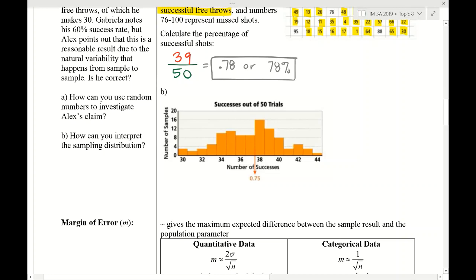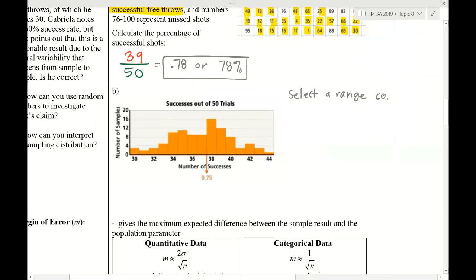We're looking for the range that contains 95%, so we select a range centered about the mean and containing about 95%.